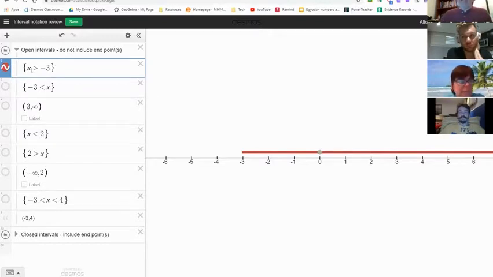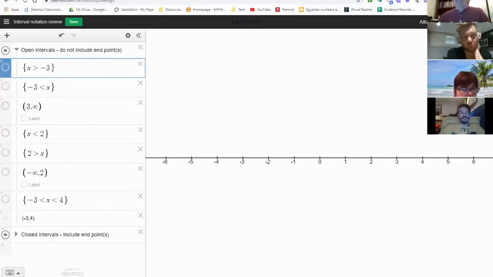So we can write it like you see here. X is greater than -3. The notation that you see underneath is the same thing, except that we just said -3 is smaller than X. They represent the same thing. In other words, here we're saying any number greater than -3, and here we're saying X is any number that is greater than -3.